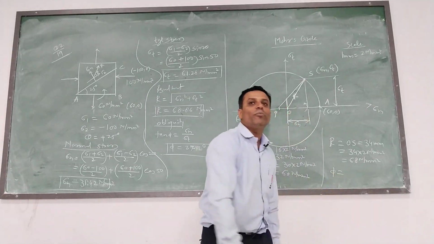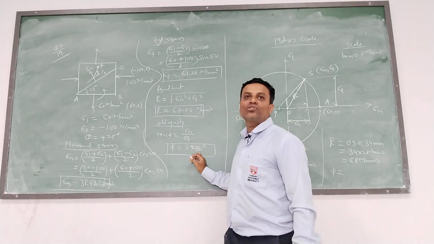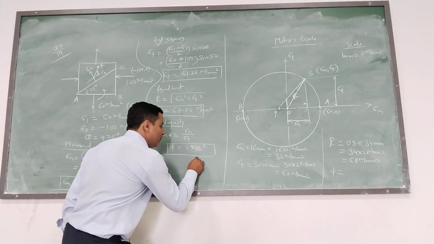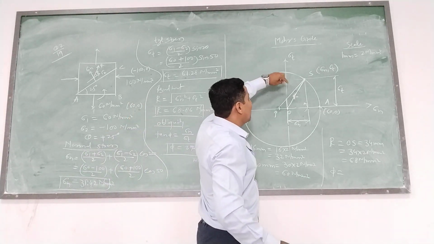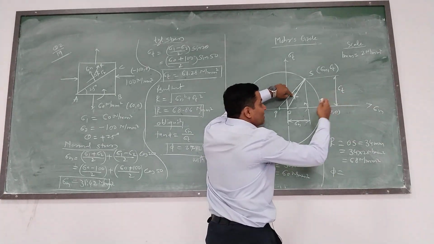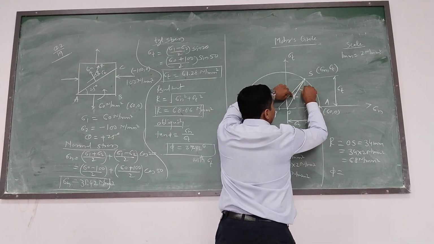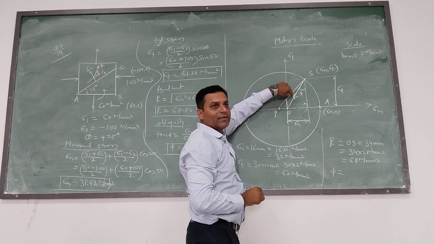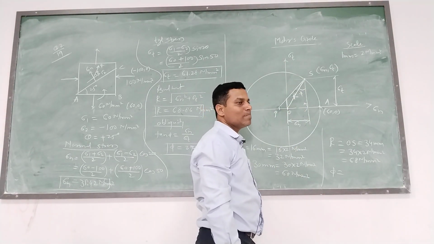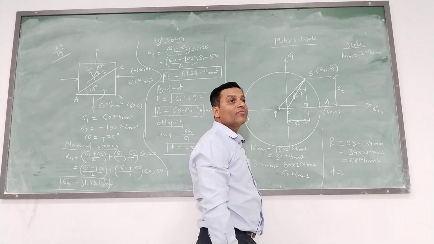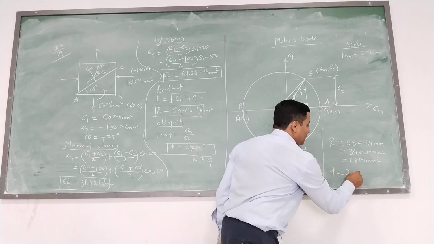Okay. Now the last one, obliquity phi. Here we are going to measure the angle with sigma t. So the angle between R and sigma t, meaning the vertical line. This angle should be phi. R and sigma t. 26 degree.